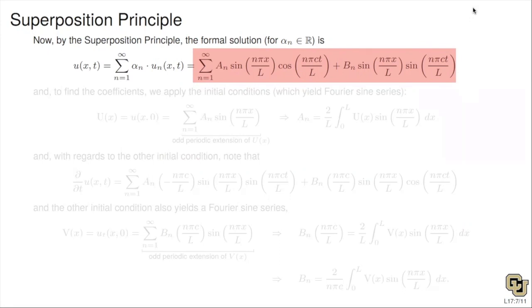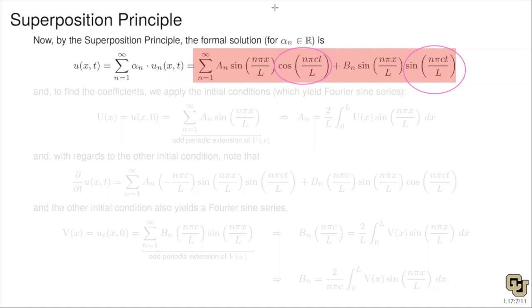So this is now our formal solution to the wave equation. It might be a little weird to look at because you're used to looking at the formal solution of the heat equation. So let's just talk about what's different from the heat equation. In the heat equation, the t variable term is not a wave.